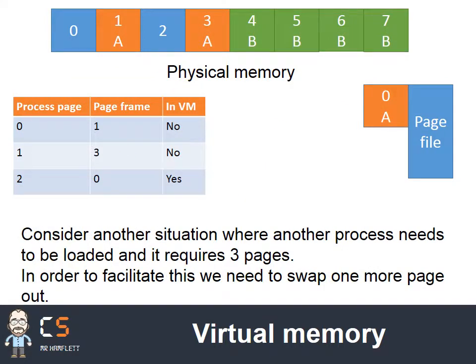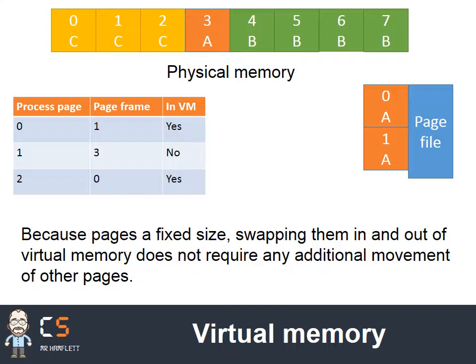So let's consider this situation. We've got 3 processes, A, B, and C, and at the moment processes A and B are loaded. Process A already has 1 page in virtual memory, but process C requires 3 pages. At the moment I've only got 2 pages free, and I need a 3rd one. So another page needs to be swapped out of main memory into virtual memory.